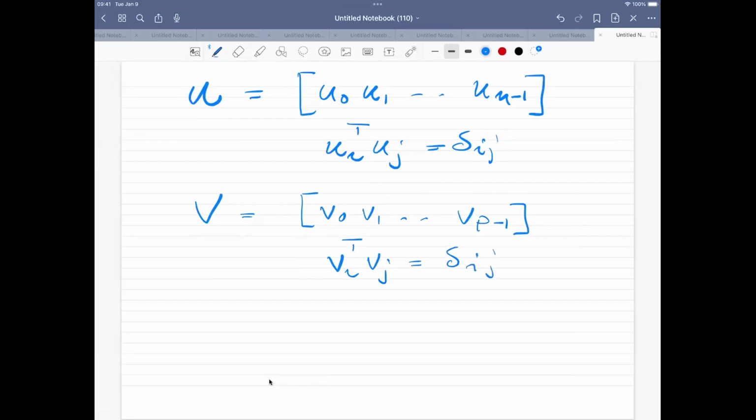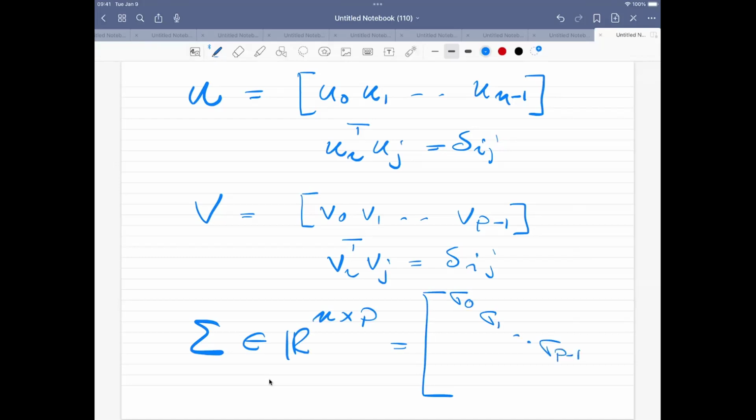The matrix sigma is a matrix which has dimensionality n times p, and it contains what are called the singular values. So there's a sigma_0, sigma_1, up to the last non-zero quantity. And then the remaining quantities here are 0.